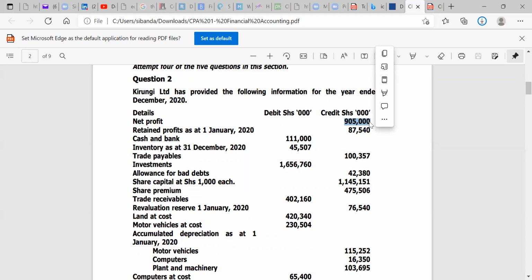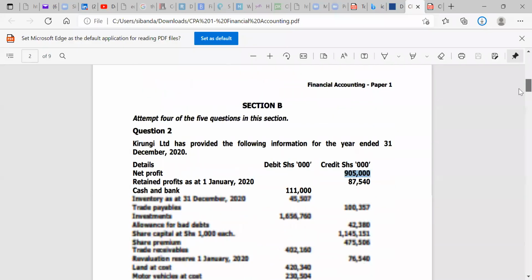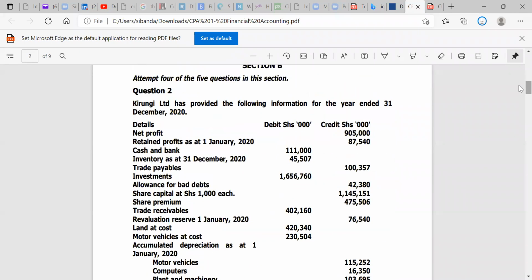Okay, so we have seen from the scenario at hand that the more we recognize our purchase returns, the more our profit increased. So even when it comes to this question, it means that if we had recognized these purchase returns, I'm just trying to reiterate this because we had recorded it wrongly there, the 4.5, our profit would have been higher than 905, based on what we have done in the demonstration.